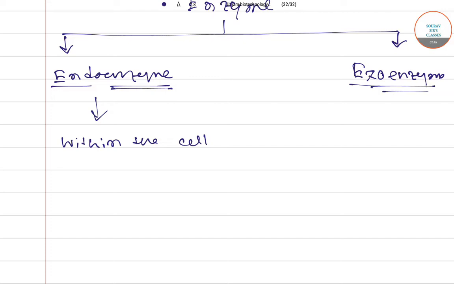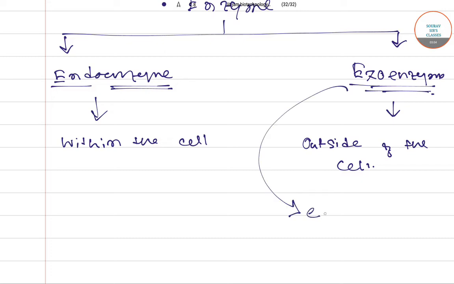And the exoenzyme acts outside of the cell. So this exoenzyme we can also call an extracellular enzyme, which acts outside of the cell.